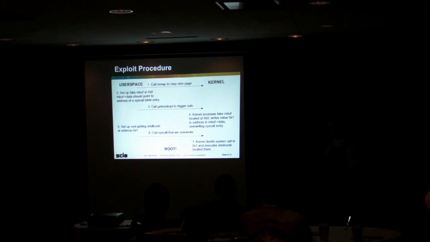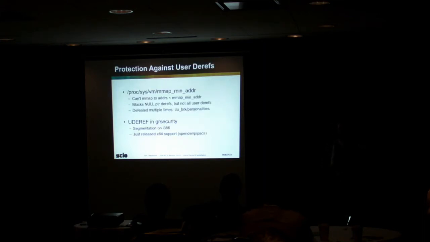And the kernel will dereference the system call, pop over to 1, and execute our shellcode, which is located there, which will then traverse the credential structure and set our process to UID 0. So it's a little extra couple hops than a traditional null pointer dereference, but I thought it was interesting and worth sharing, even though it was OpenBSD.